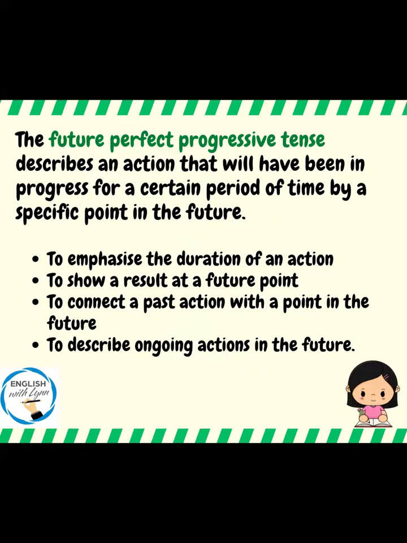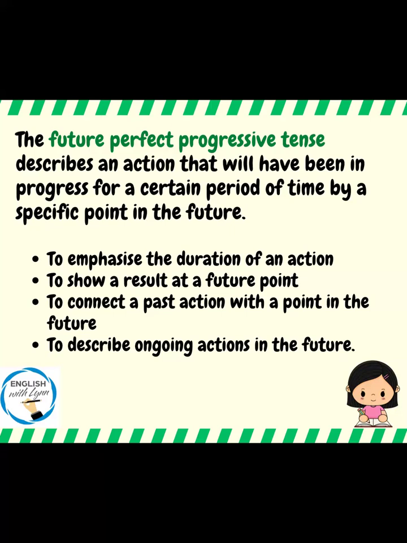So when we're using the future perfect progressive, we are describing an action that has been in progress for a certain amount of time by a specific point in the future. And there are several reasons that we would use this. We are using it to either emphasize the duration, the amount of time the action has taken.